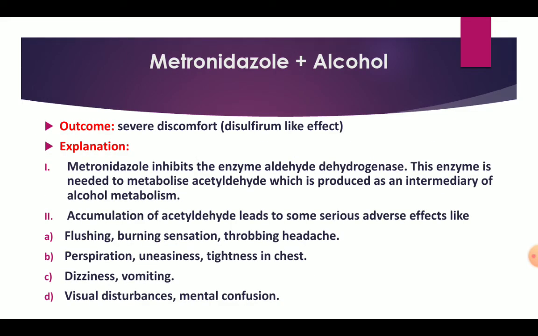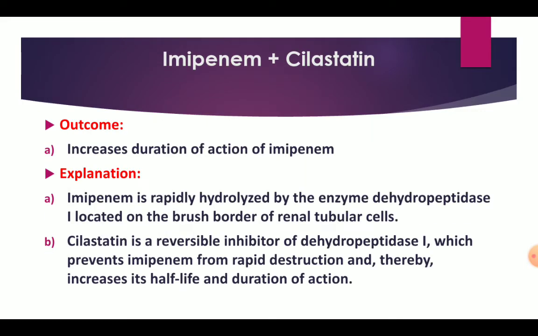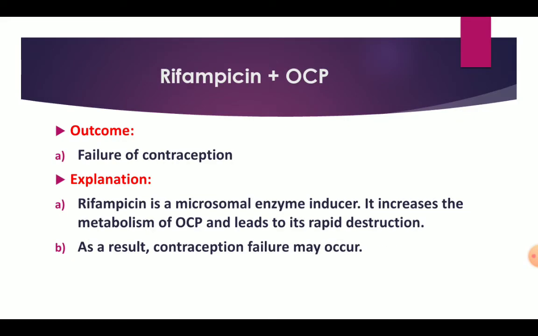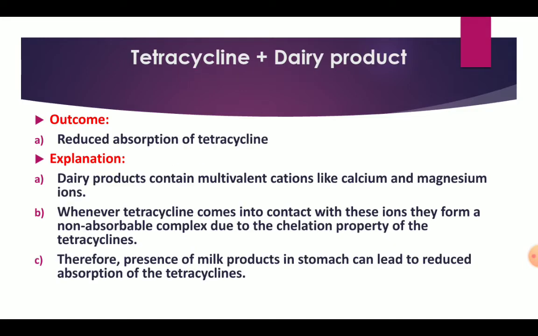Then metronidazole and alcohol, imipenem and cilastatin, insecticides and atropine. Okay, insecticides means organophosphorus compounds. Then rifampicin and OCP, oral contraceptive pills. Tetracycline and dairy products.